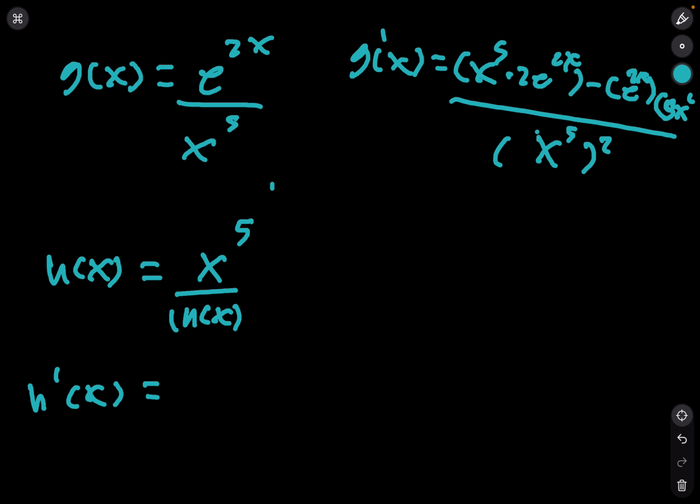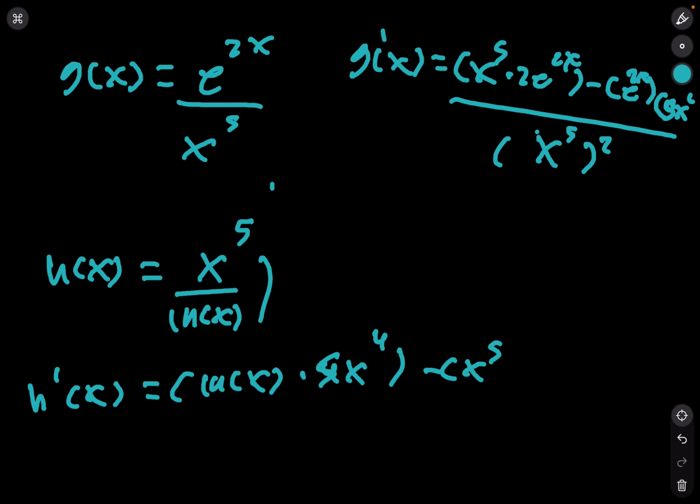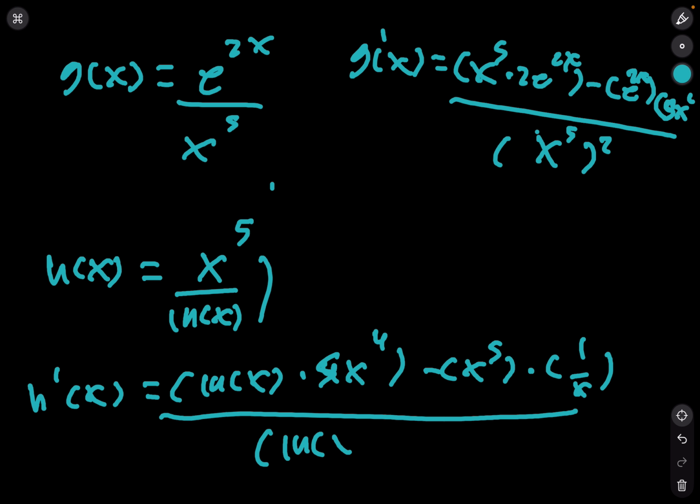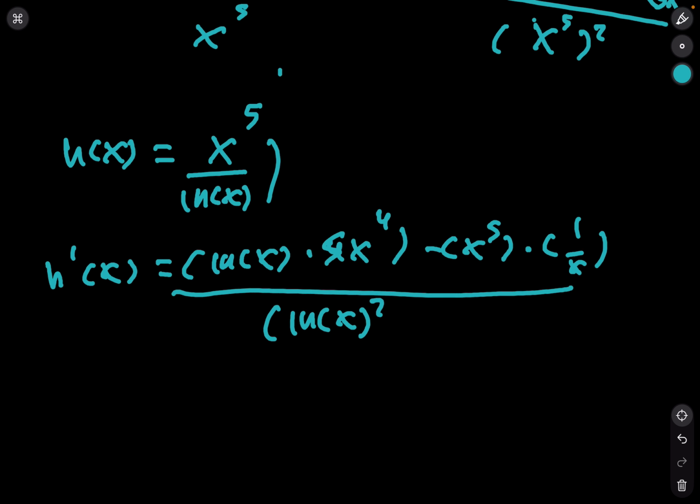Don't forget your mistakes. Do not forget that square at the bottom. But essentially, h prime of x of this function is just natural log of x times 5x to the 4th, I'm sorry, minus x to the 5th times 1 over x, all over natural log squared.